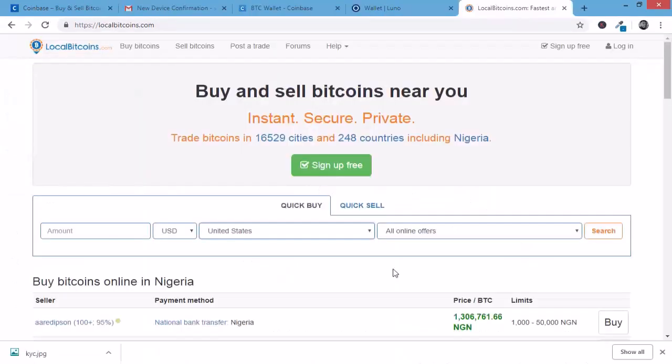Another great option I want to show you is Local Bitcoins. Local Bitcoins is more of a peer-to-peer exchange platform, unlike Coinbase and Luno. Peer-to-peer means that you have data related to the person you are interacting with. In other words, it matches buyers and sellers without holding any funds during the trade.